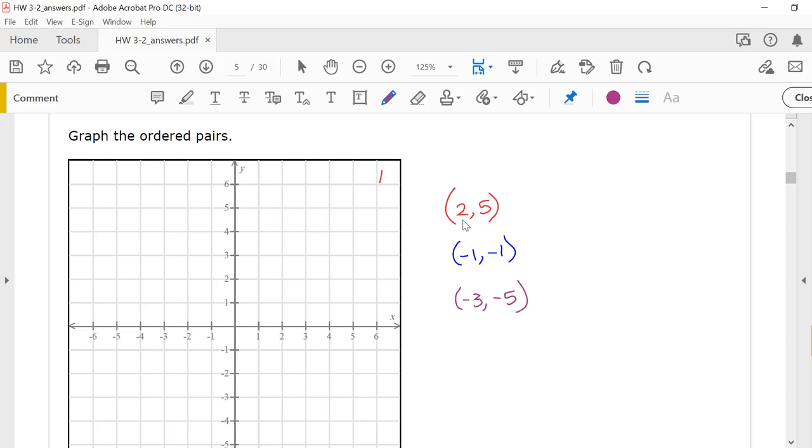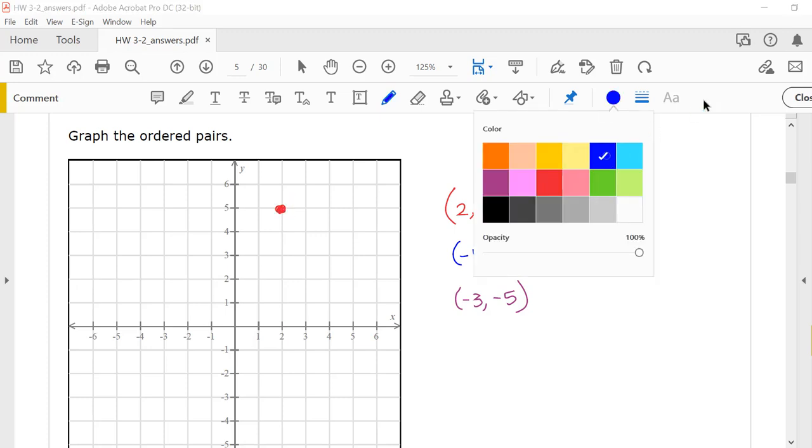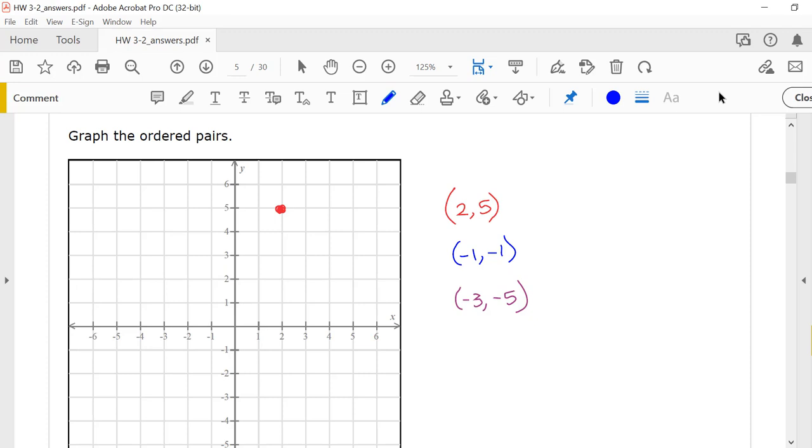Okay, let's go plot the red point 2, comma 5. In the x direction, I need to go 2. Then in the y direction, I need to go 5. My point will be right here. For the point negative 1, negative 1, in the x direction, I need to go negative 1.